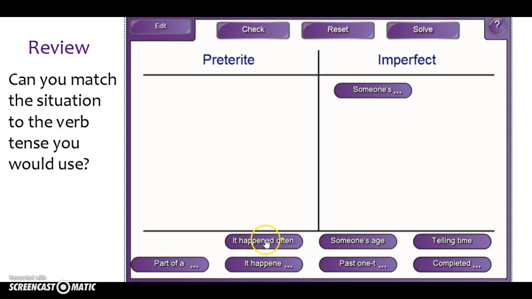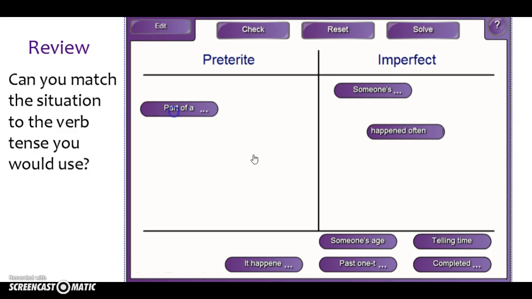It happened often. Remember, we had a clue word there. Imperfect. It happened as part of a sequence. Oops, sorry, that one's it happened often. Part of a sequence.